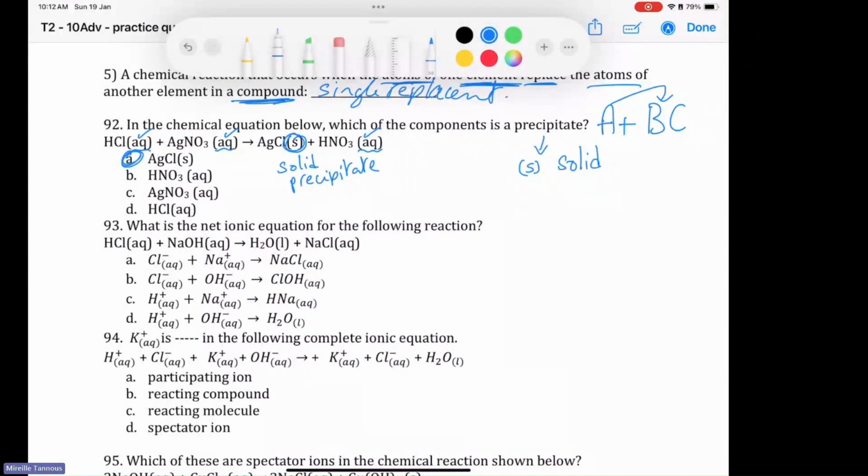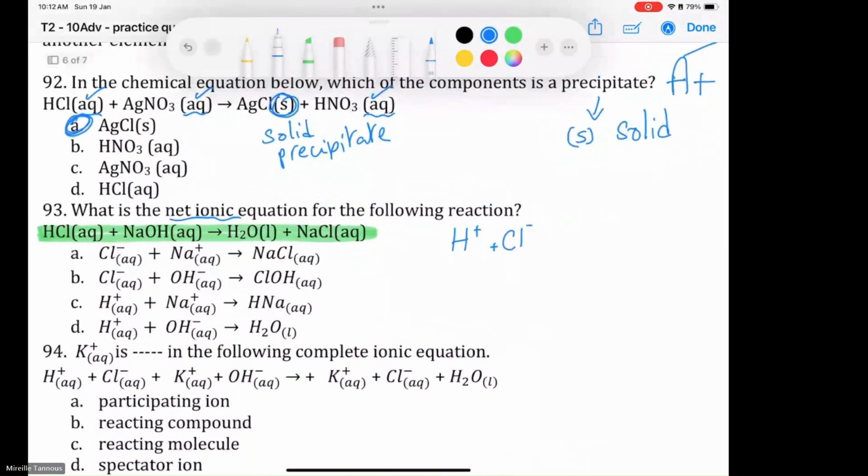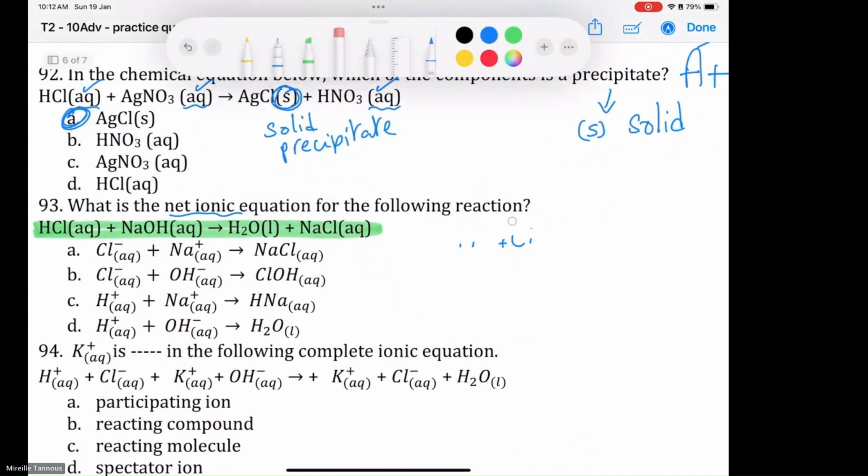Now, net ionic equation. I'm going to focus on this one, and I will give you all the kinds of equations that we can write from this one. Now, HCl will break down into H plus and Cl minus. Let me write it here because I need more space.